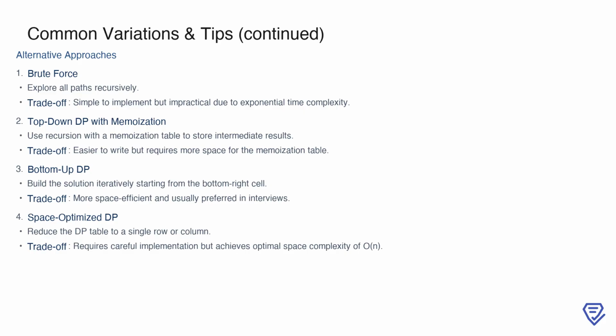However, this requires additional space for the memoization table. The bottom-up DP method builds the solution iteratively, starting from the bottom right cell, and is generally more space-efficient. Finally, space-optimized DP takes this a step further, reducing the DP table to just a single row or column. While this achieves optimal space complexity, it requires careful implementation to ensure correctness.